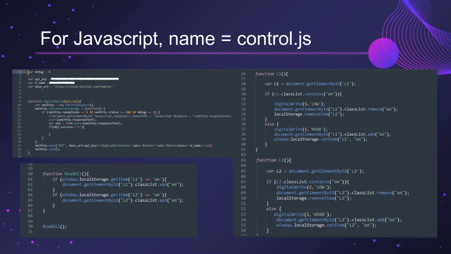Then it will move to the second line, document.getElementById L1, which is adding a class, which we did in basic buttons also. After that, there is window.localStorage.setItem. What this line does is store a key L1 and a value on in your browser itself.